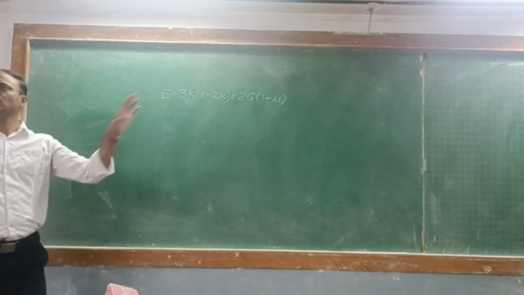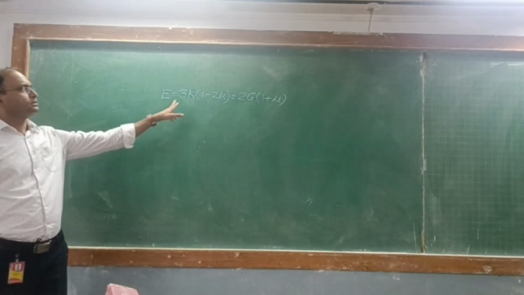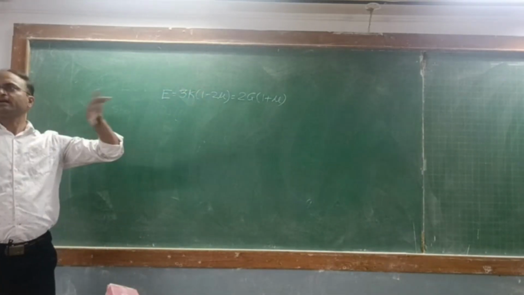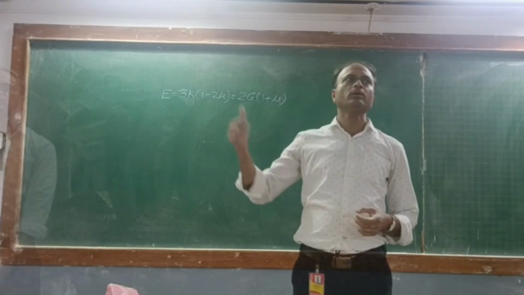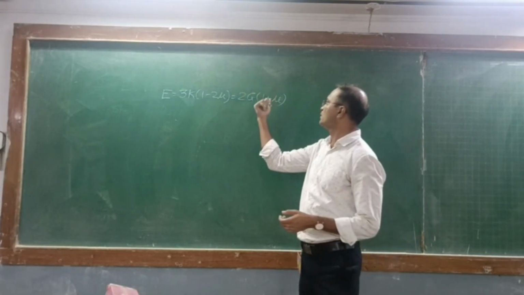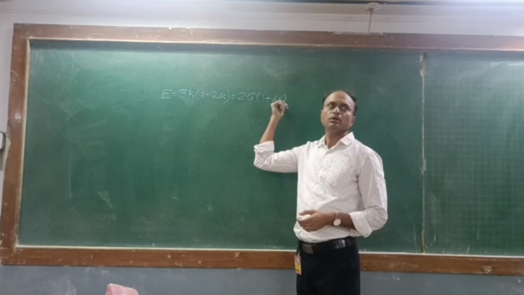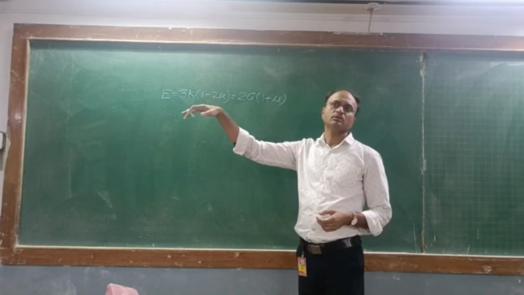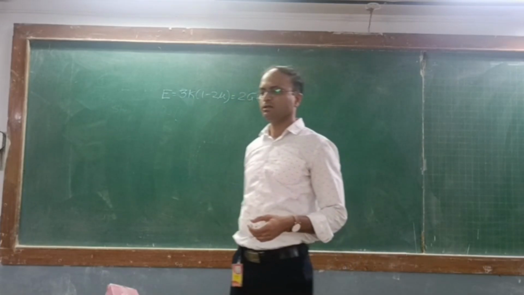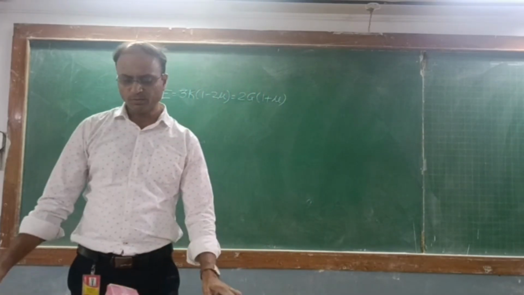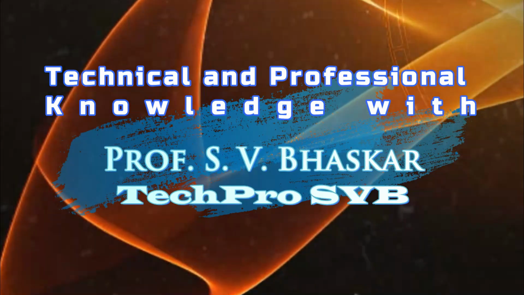There is derivation for this. We will not go into the derivation. तीनों elastic constants का जो interrelation है, it is like this. Okay, so if you know any one and if you know value of mu, Poisson's ratio, you can calculate all the elastic constants. While solving numerical, this equation will be useful.